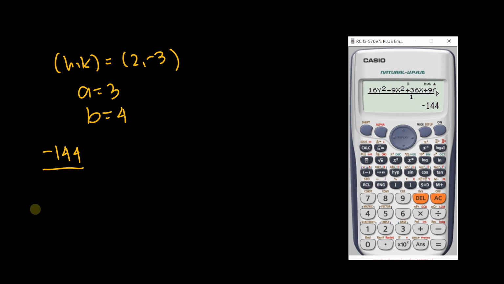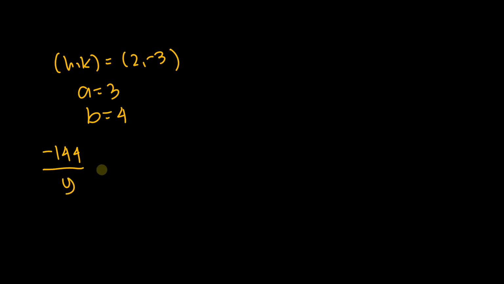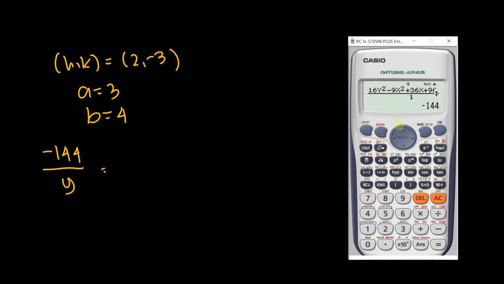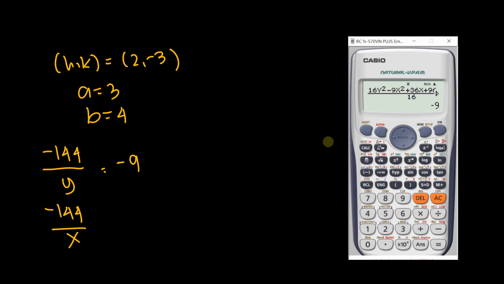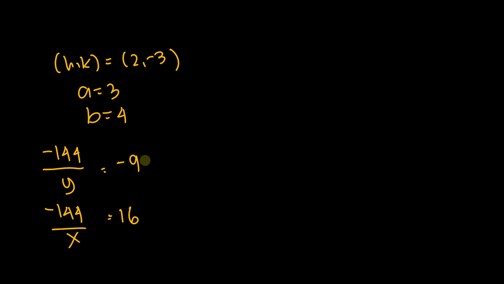Right? Dividing by 16, which is the coefficient of y, that's negative 9. Then the negative 144, we divide it by the coefficient of x, negative 9. That's 16. Okay? So, class, the negative value is your a squared, the positive value is your b squared. So, taking the square root of 9 is 3. Taking the square root of 16, that is 4.